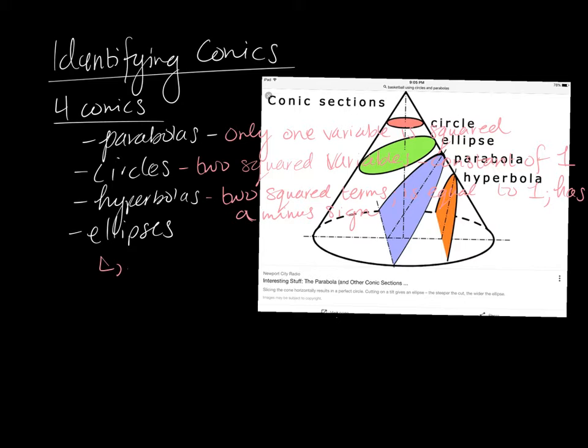Ellipses have 2 squared terms, is equal to 1, and has a plus sign.